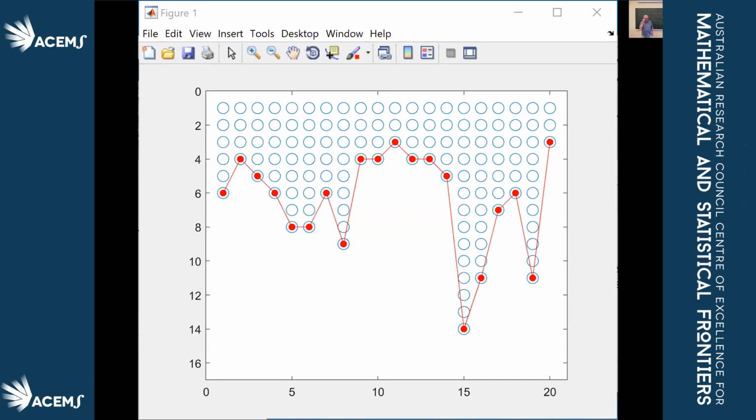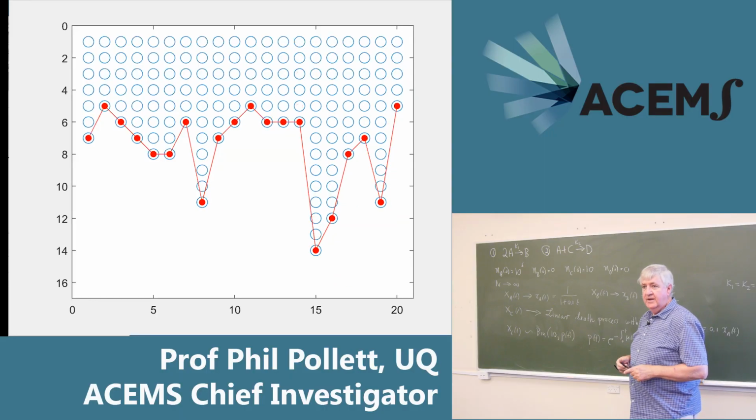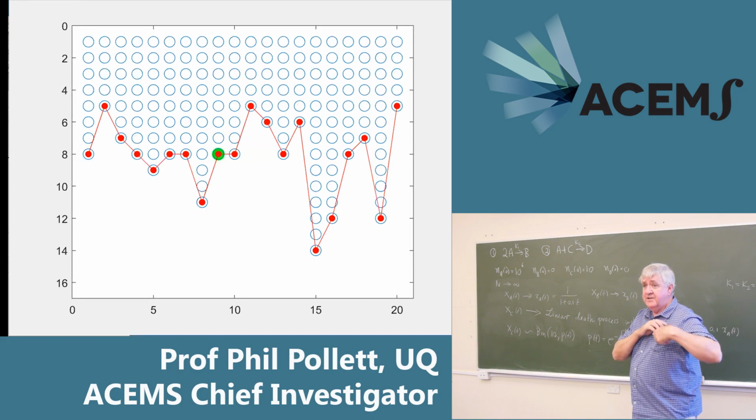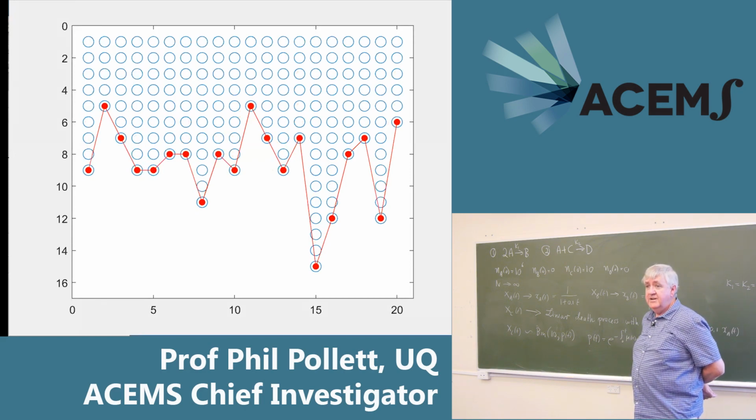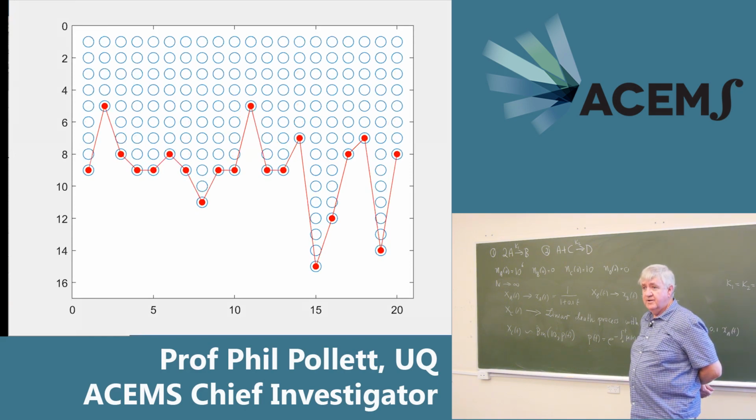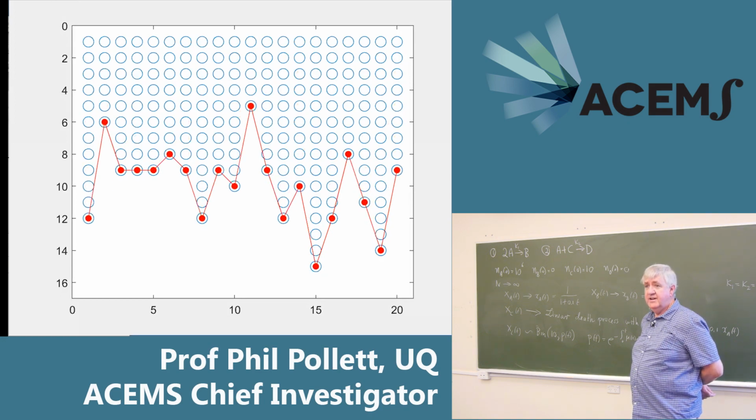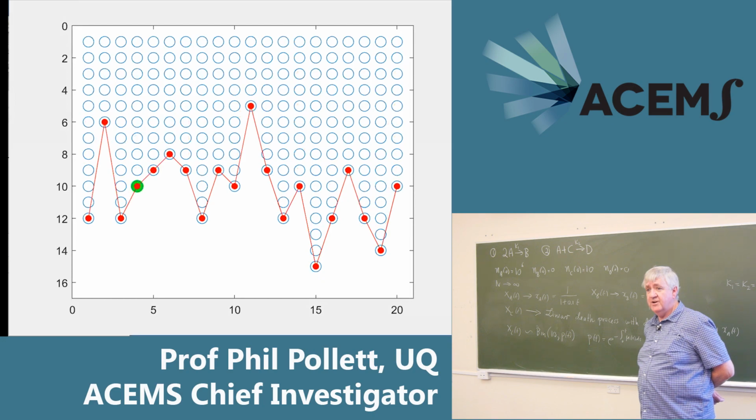So what's going on here? We've got a collection of 20 sites, and particles are being deposited at those sites independently according to a Poisson process with rate 1. Each of the sites has a Poisson process. Those green dots show the arrival of a particle.